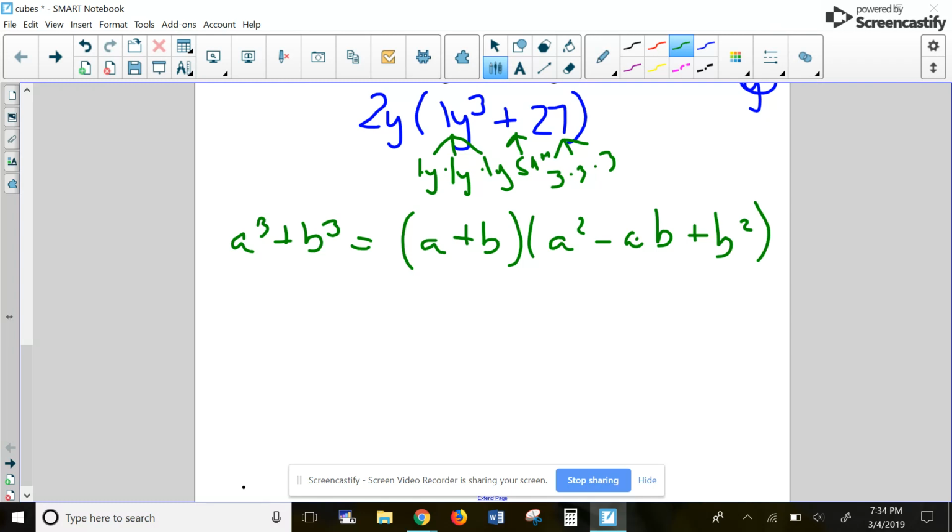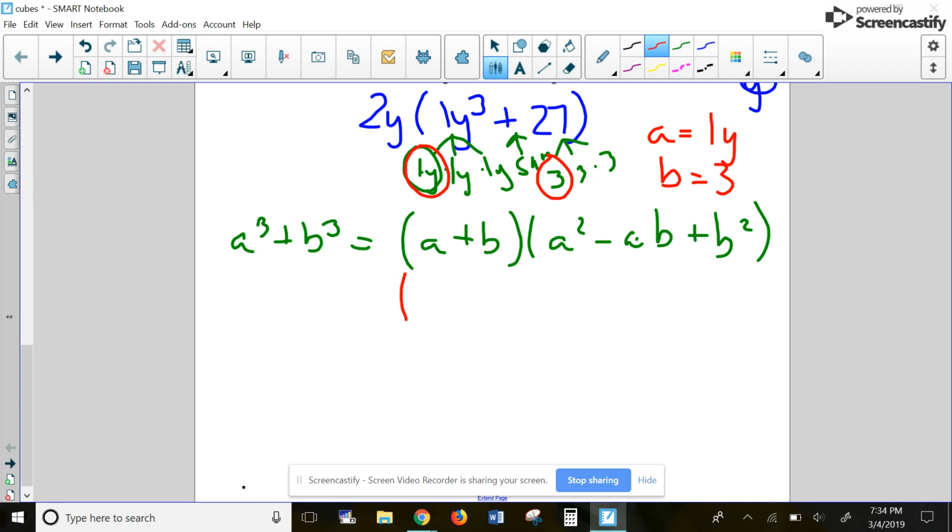All we have to do is identify a and b, and we can plug them right in. So looking up here, we're going to get our a and b from right here. This is going to be our a, and this is going to be our b. So a is going to equal 1y, and b is going to equal 3. So just like before, we're going to ignore that GCF on the outside and put that on our answer when we're done. So let's plug in our a and b where they go in our formula.